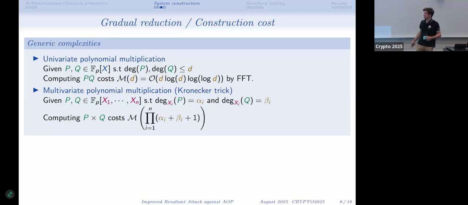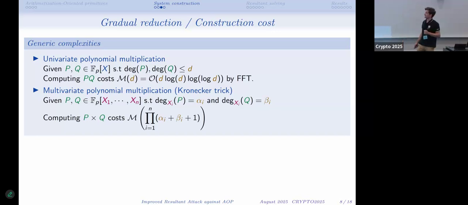Now, because we'll have to actually multiply multivariate polynomials in our case, we have to use something called the Kronecker trick that I won't be able to fully explain in detail, but basically the Kronecker trick transforms multivariate polynomials into univariate ones, multiplies them, and then transforms back into the multivariate form. What bothers us here is the complexity of it.